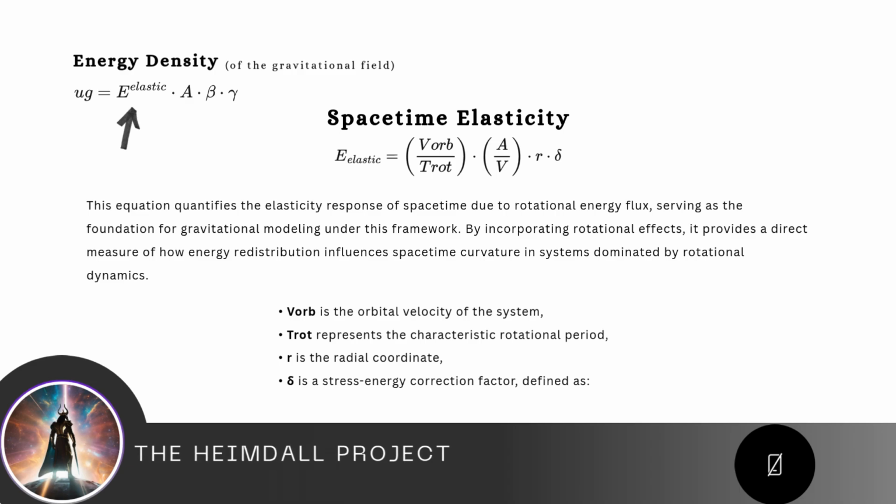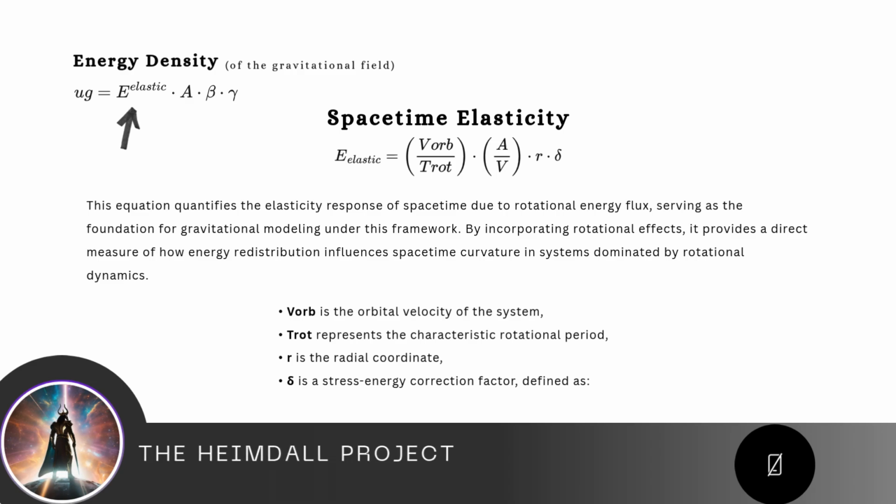By incorporating rotational effects, it provides a direct measure of how energy redistributions influence space-time curvature in systems dominated by rotational dynamics. This is important because V orb and T rot, the orbital and rotational speeds, go into this calculation.